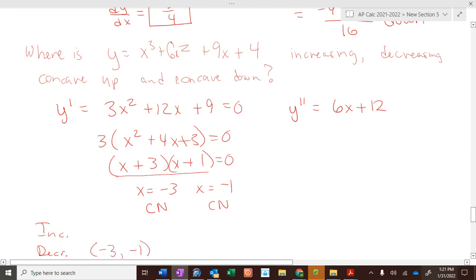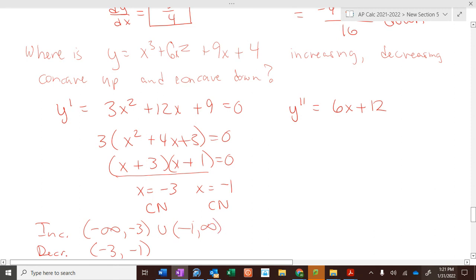On the outside, like -4, a negative times a negative is positive, so it's increasing from negative infinity to -3, and also from -1 to infinity.